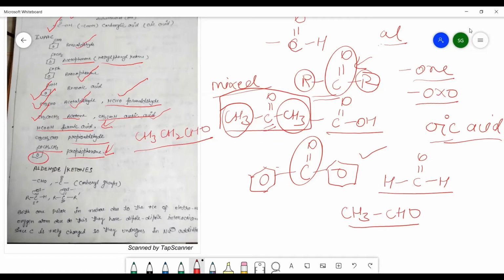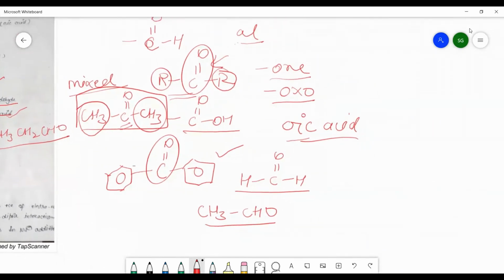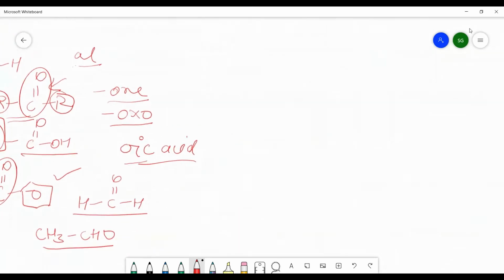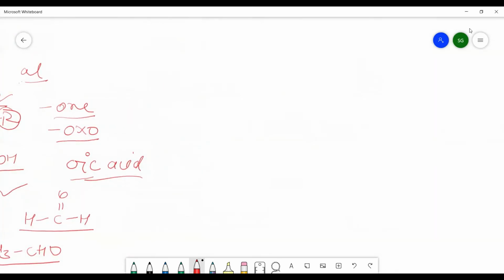Now all of you are well aware of the structural formulas of aldehydes, ketones and carboxylic acids. Now we will discuss the IUPAC nomenclature for the compounds along with their carbon names. First of all, we will discuss the CHO and C double bond O groups, the aldehyde and ketonic groups.